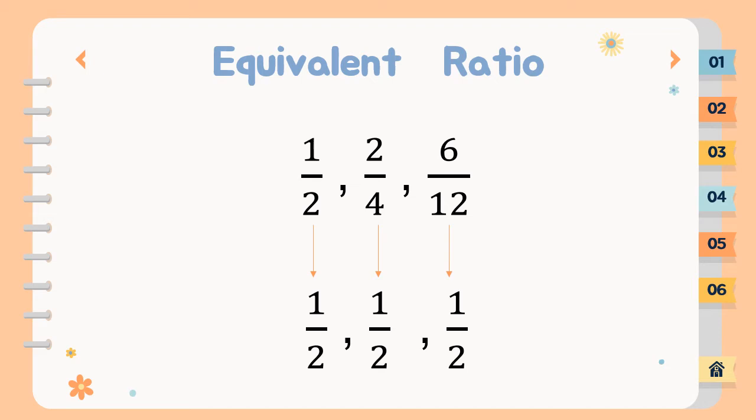Why? In 2/4, we can simplify by dividing by 2. So 2 divided by 2 is 1, and 4 divided by 2 is 2. Next, 6/12. We can divide by 6, since the common factor of 6 and 12 is 6. 6 divided by 6 is 1, and 12 divided by 6 is 2. So we have 1/2, 1/2, and 1/2. These three are examples of equivalent ratio.